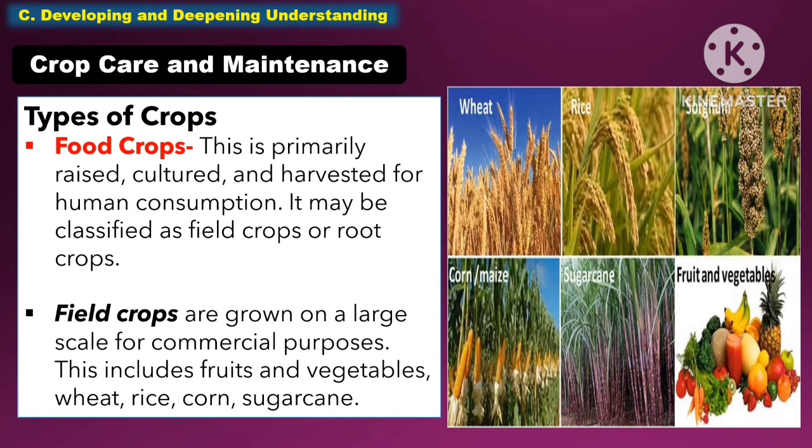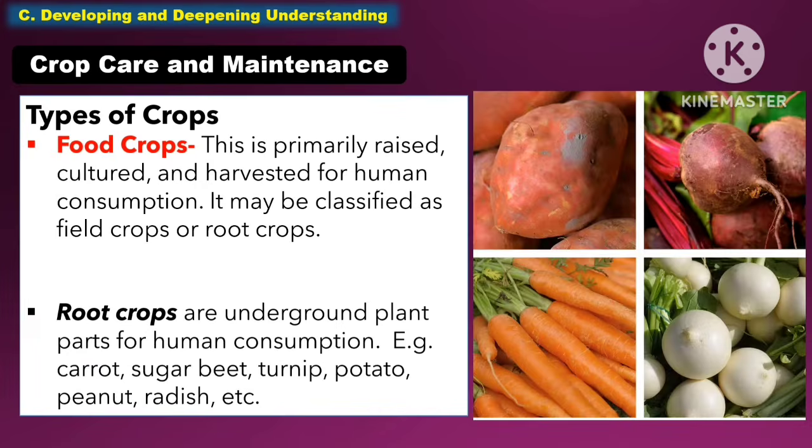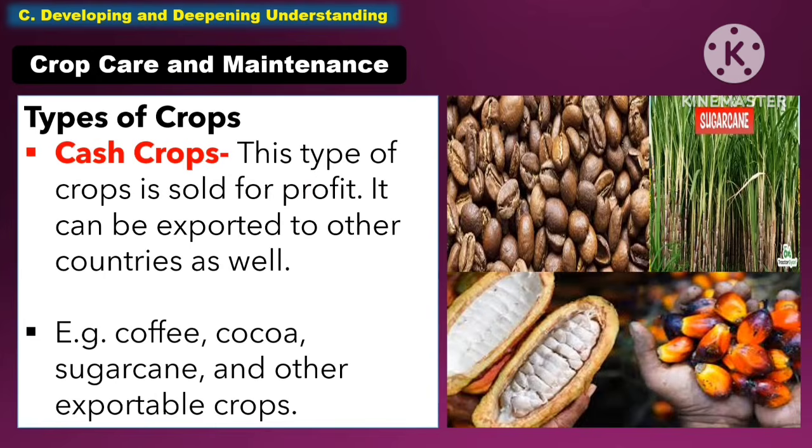Field crops are grown on a large scale for commercial purposes. This includes the fruits and vegetables, wheat, rice, corn, and sugar cane. Root crops, on the other hand, are underground plant parts for human consumption. Example, the carrot, sugar beet, turnip, potato, peanut, and radish.